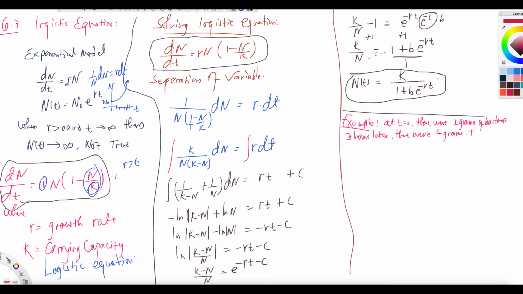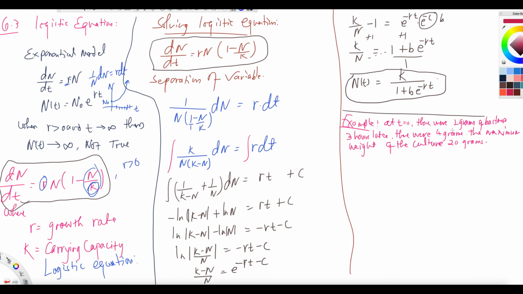The maximum weight of the culture, so that means there is enough space or food for the bacteria in the culture, is 20 grams. That is the carrying capacity, right? 20 grams.